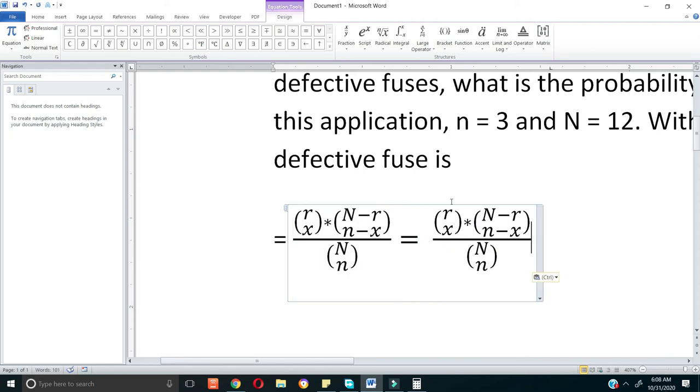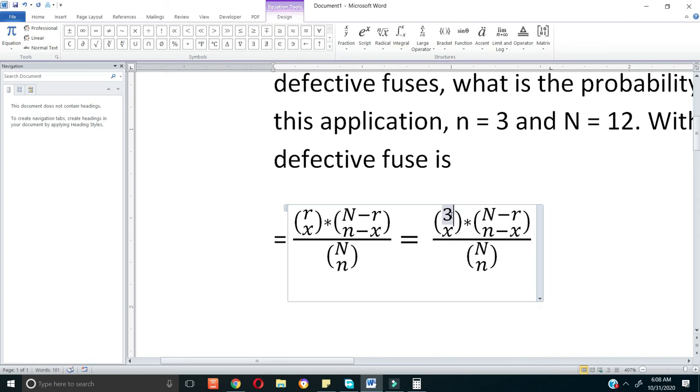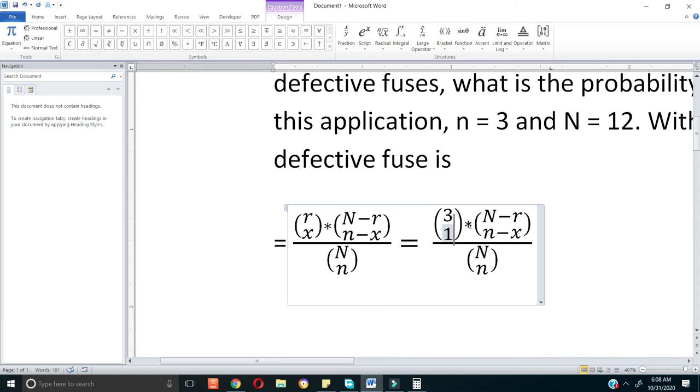So we know that n is going to be 3, and we want to pick out 1, and N minus R, because you have 12, right? So 12 minus how many defective?